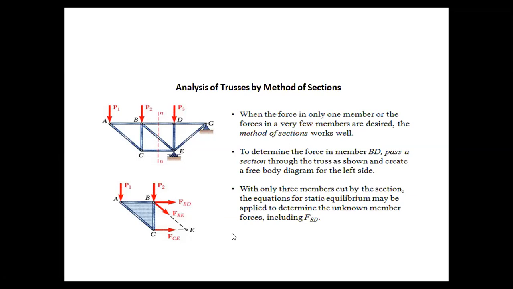So with only three members cut by the section, the equations of static equilibrium, that is Fx equal to 0, Fy equal to 0, and summation of moment about any point equal to 0, may be applied to determine the unknown member forces, including the force in BD.